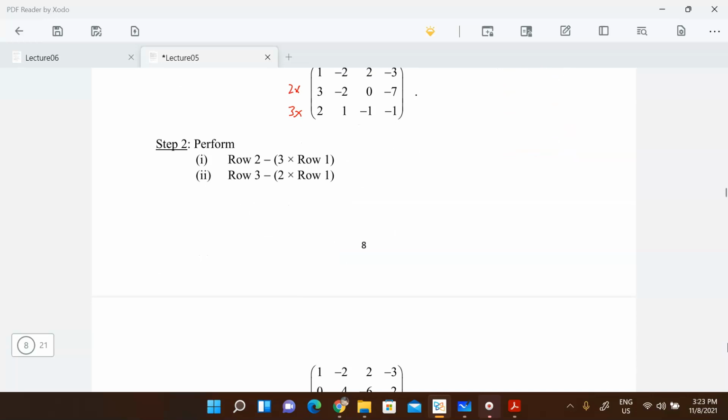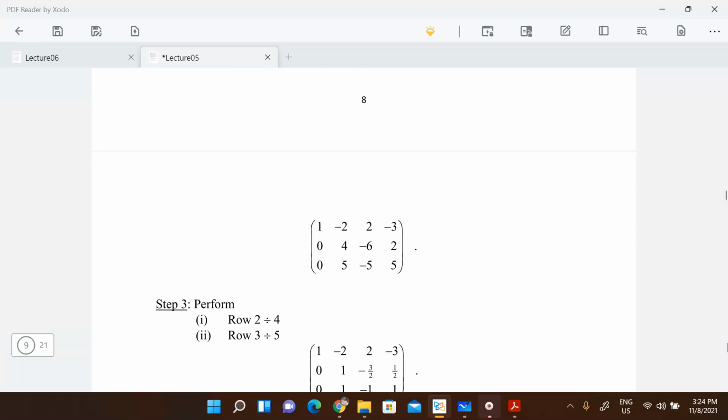Step 2 is to perform this arithmetic operation, because you just do a scalar multiplication here, addition here, which is subtraction, okay, and then do the same thing for the third row, and I'm reduced to this matrix. So I've already got that 0 here and 0 here, and then continue. Now remember, I need a 1 here, a 0 here, a 0 here, and a 1 here, for example.